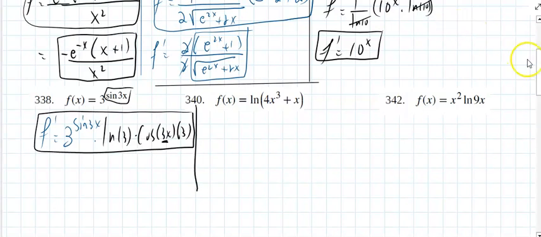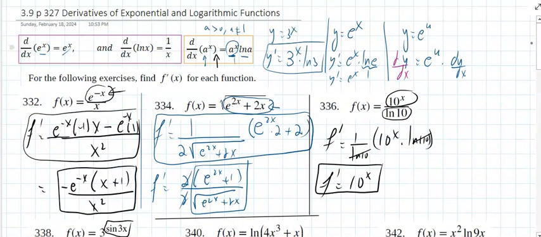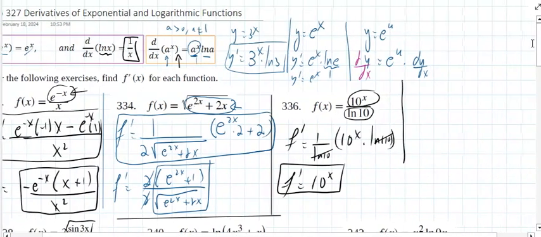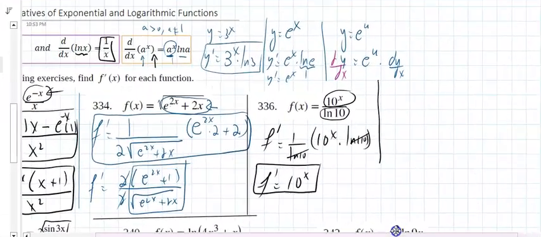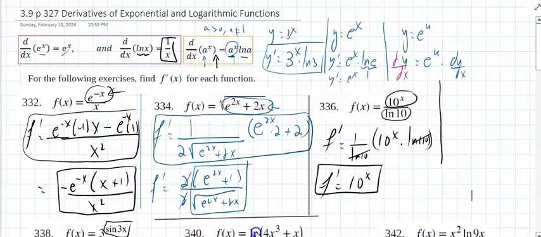Now, let's talk about derivative of logs. That's a bit more fun. Derivative of natural log of x is simply 1 over x. Which means if I wanted to take the derivative of natural log of u, that would be 1 over u times du dx, again by the chain rule.